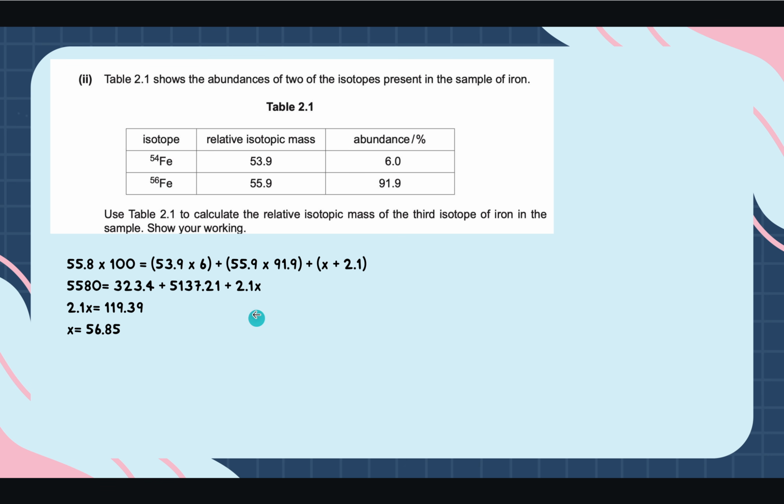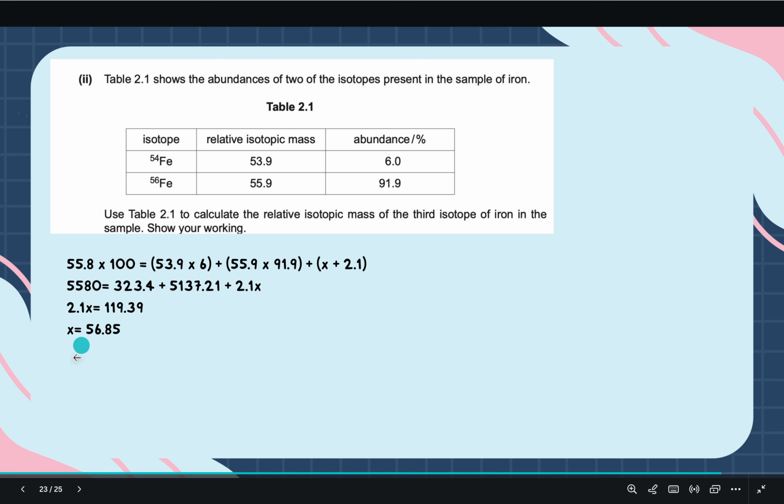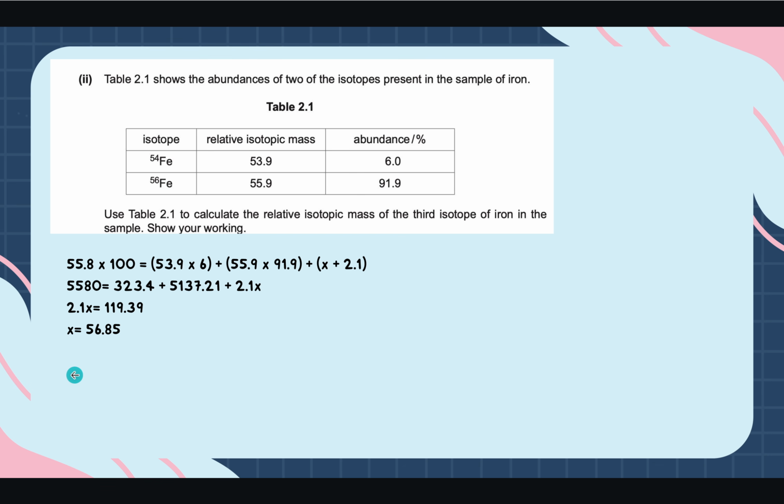And so it's 5,580 equals 322.4 plus 5,127.21 plus 2.1x. And so to get x, we divide 119.39 by 2.1, which is 56.85.